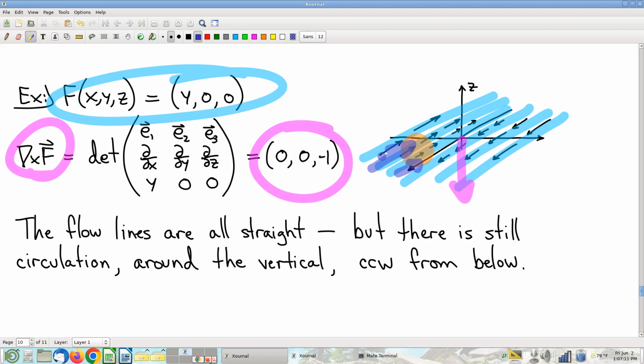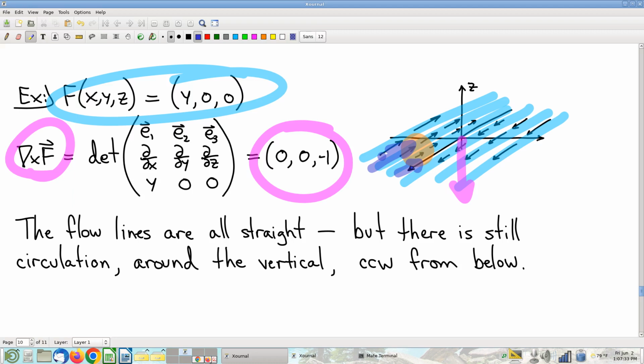Let me just give you the answer right now. How could the curl be non-zero if the flow lines are straight? The answer is curl is not defined in terms of flow lines. It's a fundamental misunderstanding of curl to think that it's about the shape of the flow lines. It is not about the shape of the flow lines.